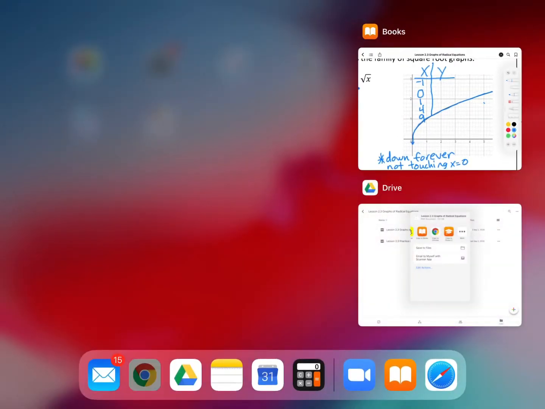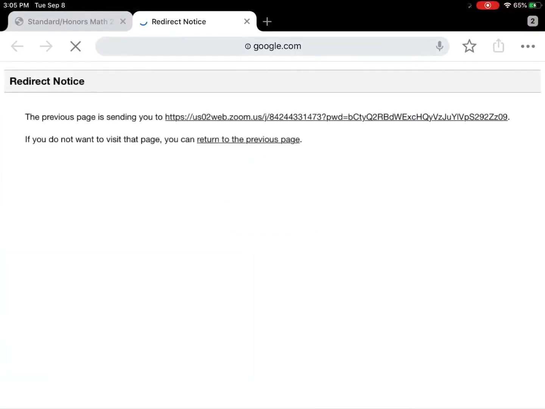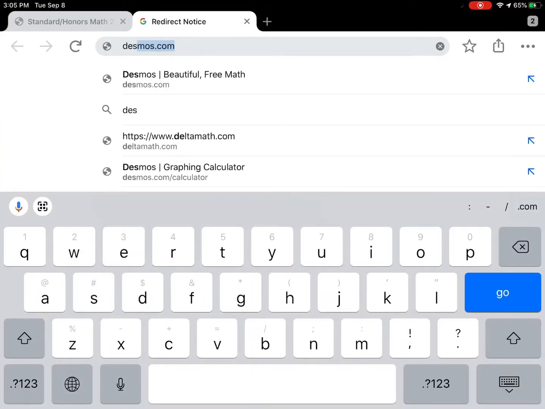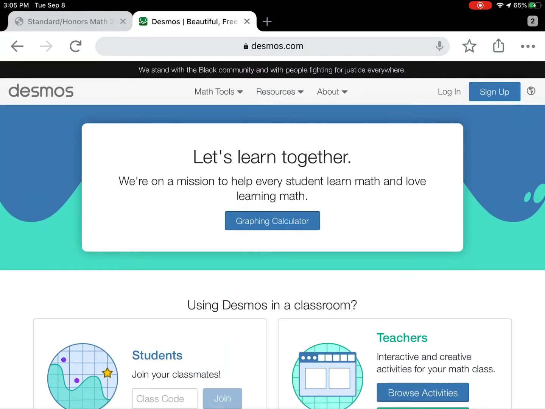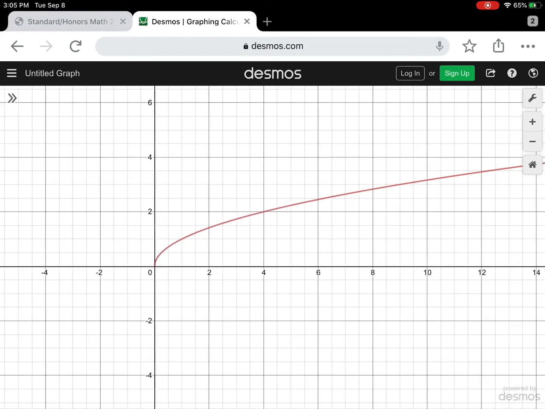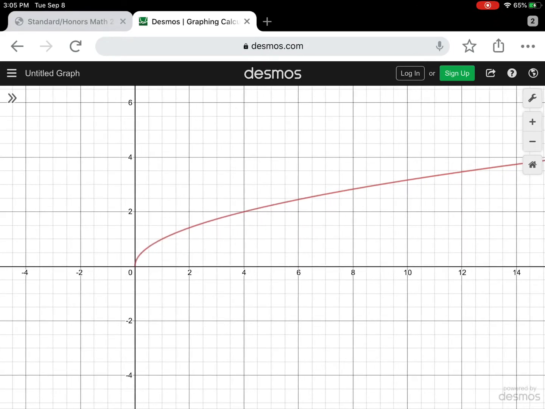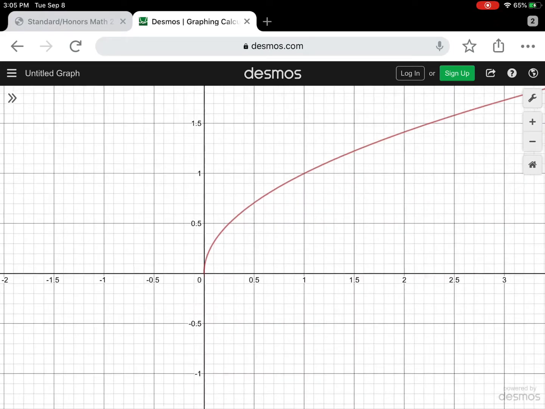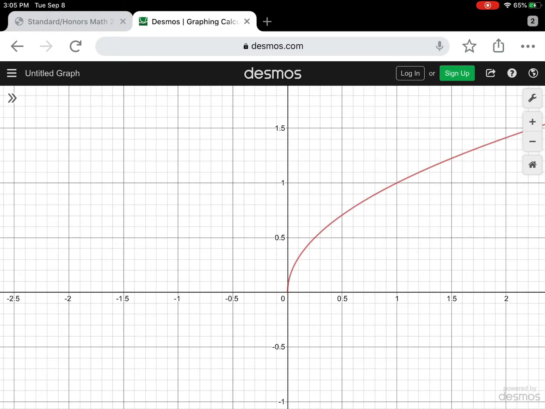Now, if we go to Desmos.com, we can get our y values at those points. So we got y equals square root x. That's our parent function, where x is negative 1. Well, negative 1 is way over here. There's nothing there.